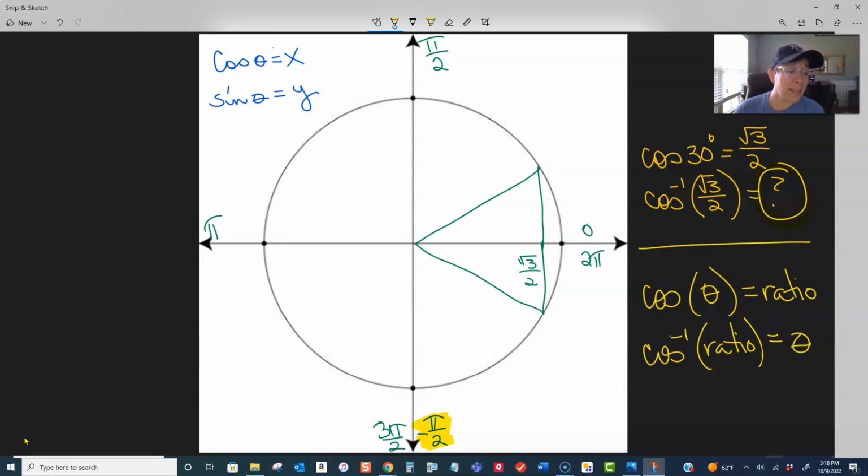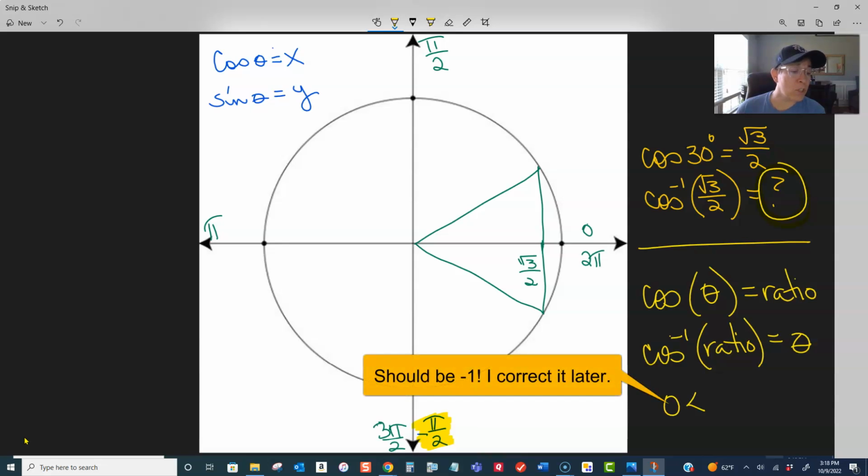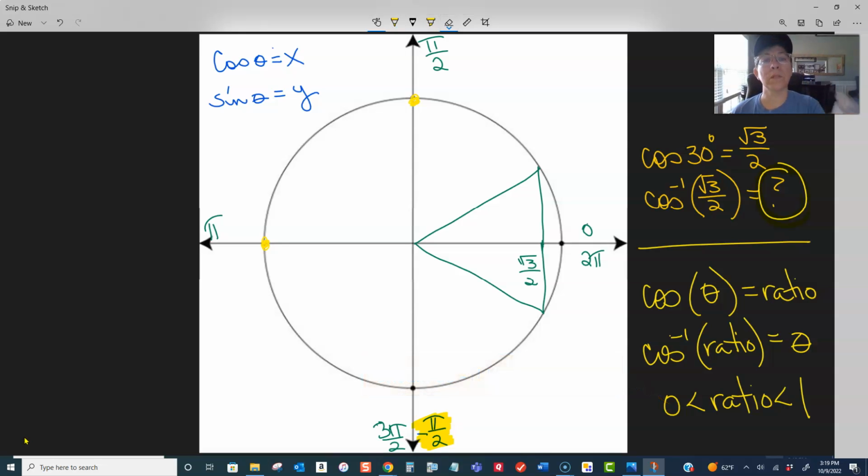So keeping in mind that that ratio, that answer for all the cosine and sines, is somewhere between negative 1 and 1, right? We go all the way up here, we get a y value, which would be a sine value of 1. Over here, our sine would be 0, but our cosine would be negative 1. Oops. I should have put that negative 1, not 0. See, there you go, from negative 1 to 1.